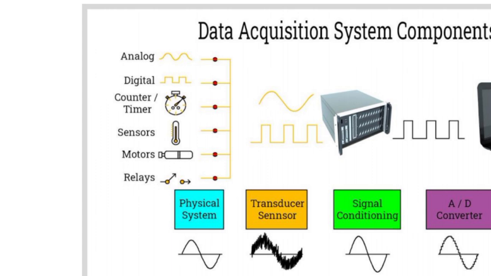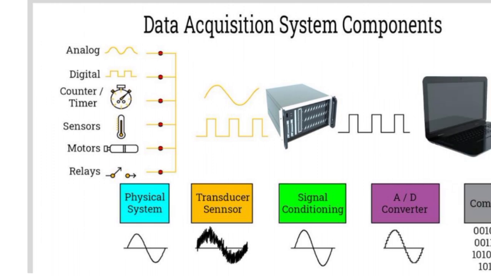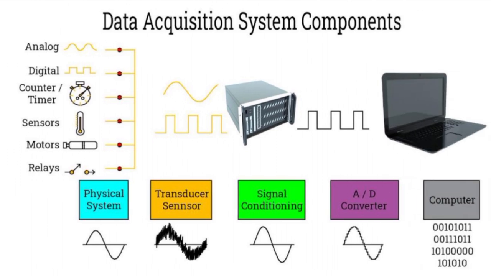The second part is the transducer and sensor, which senses the physical signal and converts it into digital form or any other form. The third part is signal conditioning. Any physical signal can be very weak, so we need to do some processing, for example sampling or amplification.